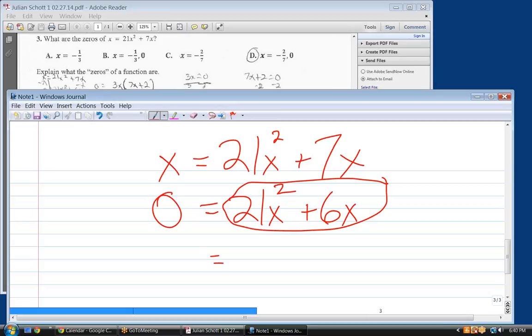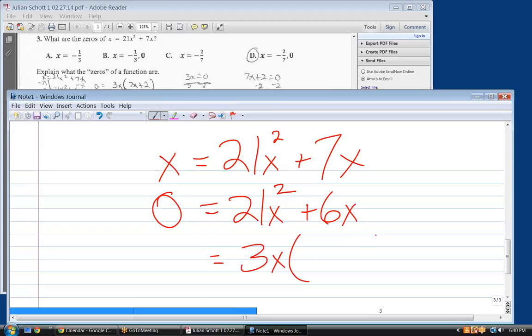Now, with a lot of quadratics, if I add a number here, I can't pull out a greatest common factor. But is 3 a greatest common factor? Yeah, it is. Well, okay, no, it isn't. 3x is.